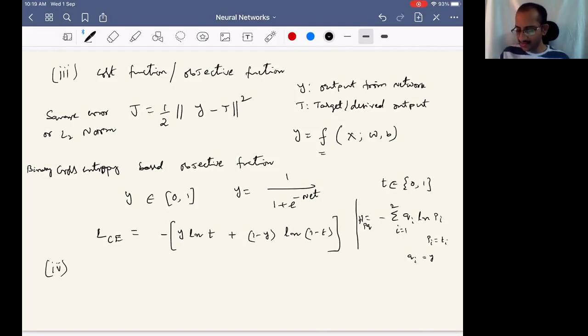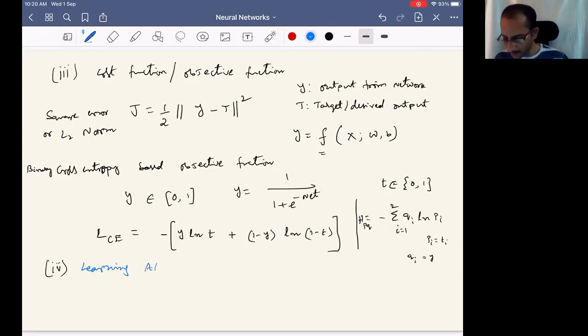So what does gradient descent say? The loss is calculated and the values are updated by differentiating the loss with respect to the parameter.